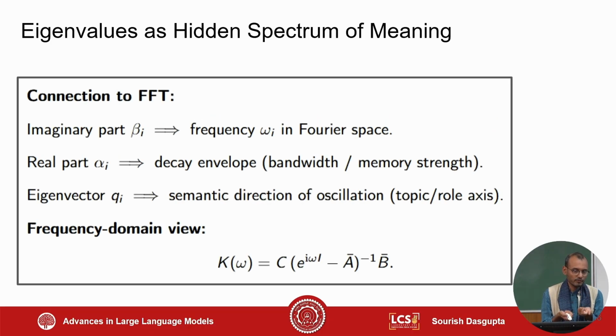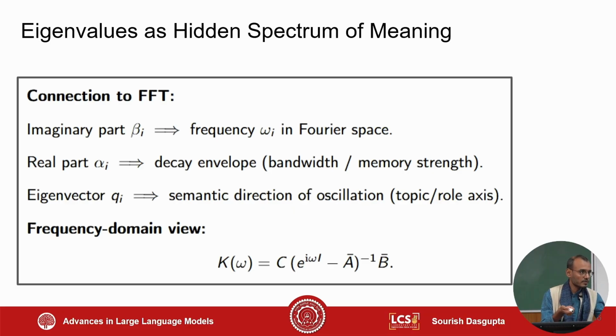The frequency domain view of the kernel, from the omega point of view, would be C times (e to the i omega times the identity matrix I, minus A bar) whole inverse, times B bar. Whatever is the imaginary part, the beta part, corresponds to the frequency omega in Fourier space.